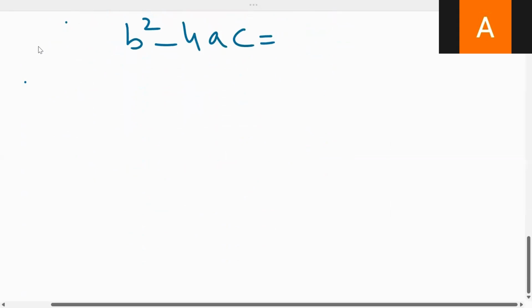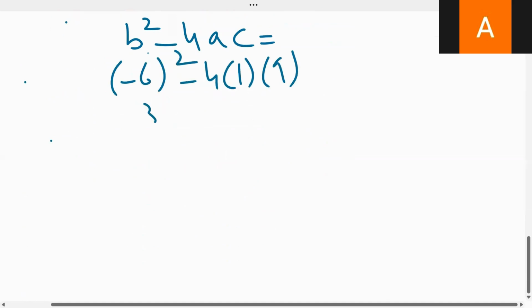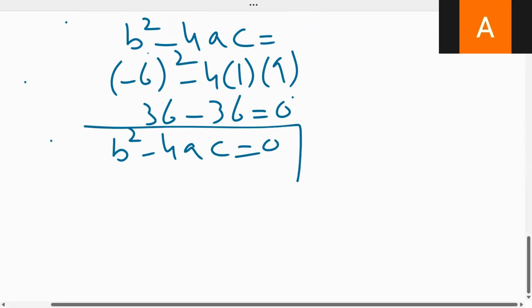So we substitute values here: minus 6 square, minus 4, 1, and 9. And when you solve it, your answer is 0. So we conclude that whenever this expression, discriminant b square minus 4ac, is 0, then roots are real and equal.